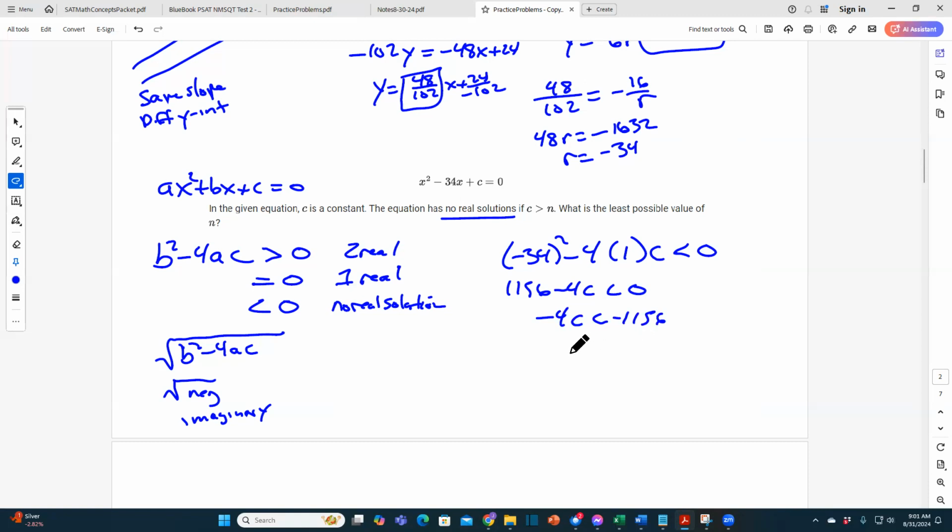Divide both sides by negative 4. Remember with the inequality, when you divide or multiply by a negative, you gotta change the direction of the inequality. Okay. You get c greater than 289. Okay, this matches up with the c greater than n. So what's the least possible value for n? 289. Okay.